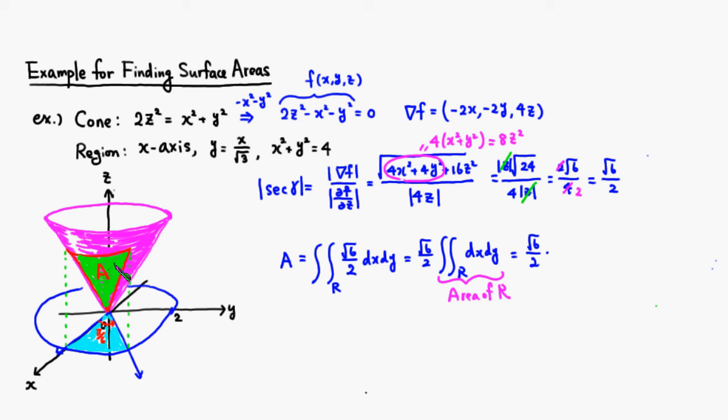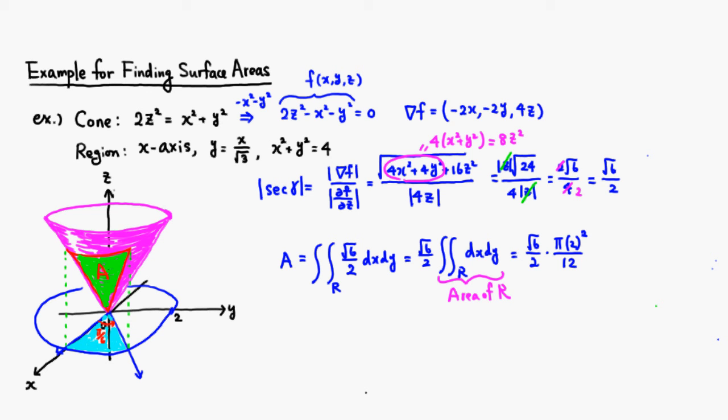The whole circle has area pi r squared, but this is only 30 degrees, and 30 degrees is 1/12 of 360, so we divide by 12.